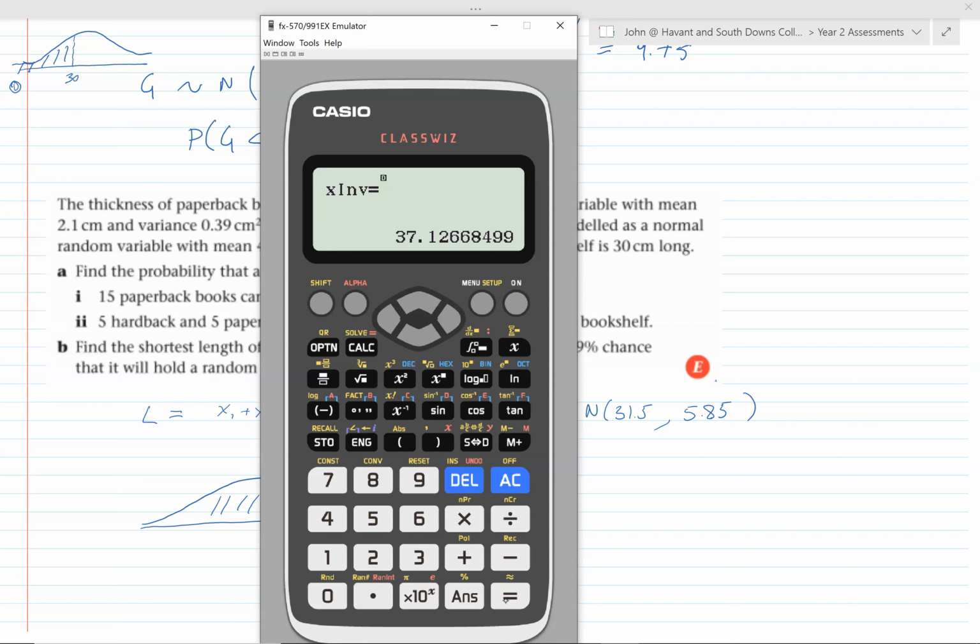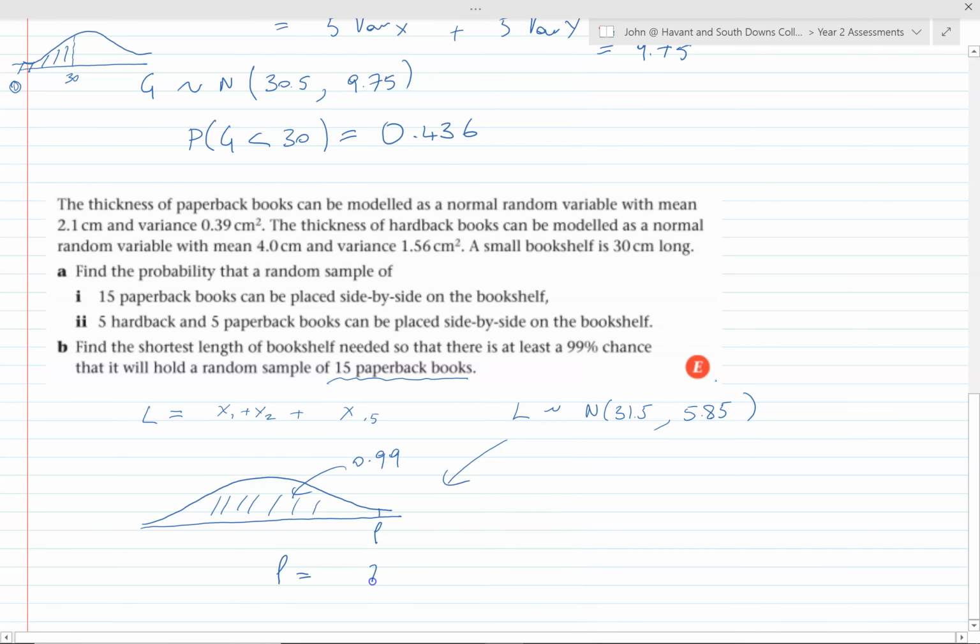And that gives us the answer 37.1 to 3 significant figures. Okay, just feeling a little bit guilty for not writing any working of steps here. We want the probability L is less than l equals 0.99, I suppose, on reflection. We ought to put that, but the diagram and the symbols there say the same thing. Okay, so l is 37.1.